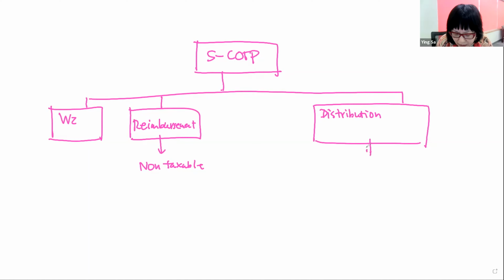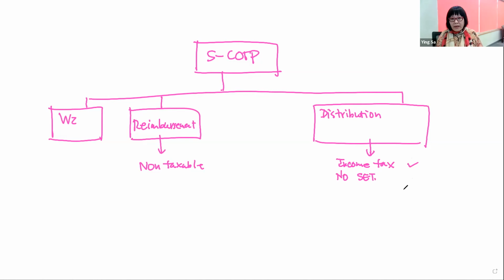The distribution on S corp, unlike LLC, where I was doing a part, Joe was non-taxable and Francis is taxable. No, distribution under an S corporation is only taxed with income tax, and never self-employment tax.